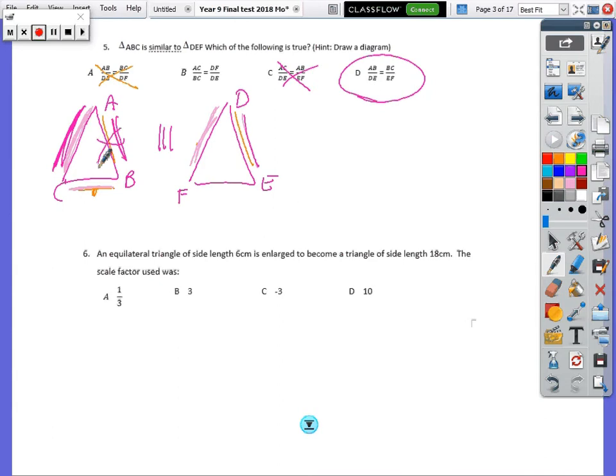AB over DE, that matches up, equals BC over EF. So that's the reason why. Okay, 6 has gone to 18 by multiplying by 3. So the triangle is enlarged, so it has a scale factor of 3.